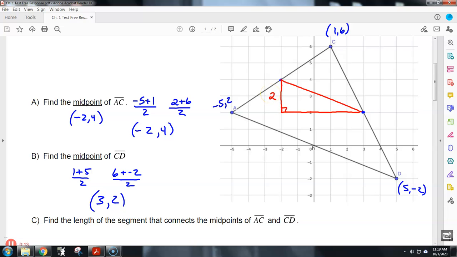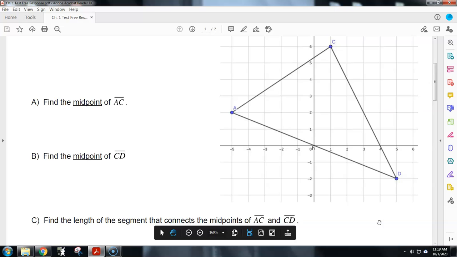So we have a leg of 2 and a leg of 5. And so I do 2 squared plus 5 squared equals c squared. Take the square root of both sides. You're going to get the square root of 29, which is roughly 5.4.